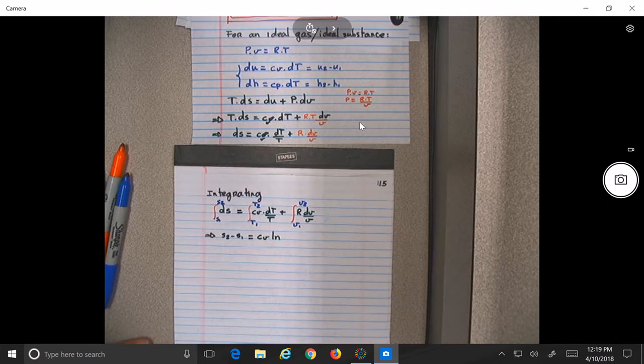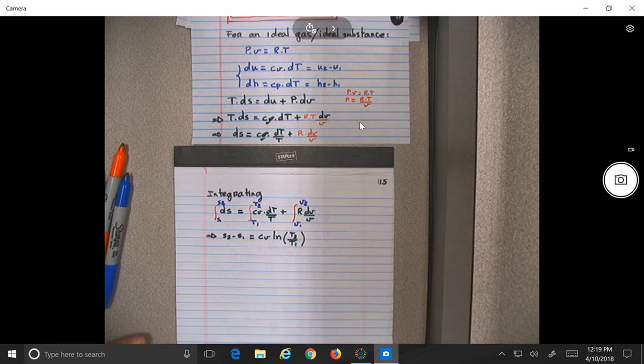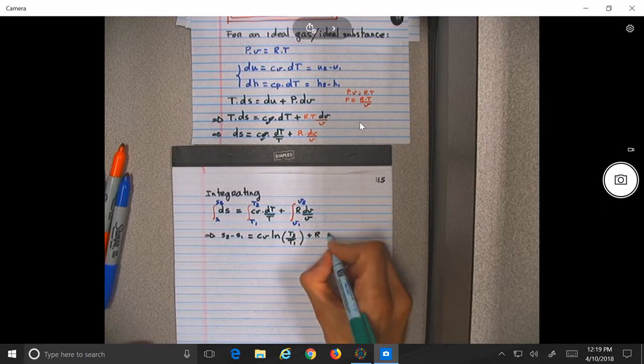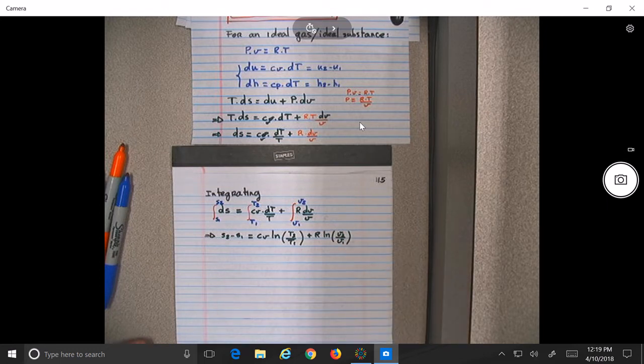Natural log, no? Of what? T2 over T1. And now, what would be the second one? Would be plus R log of what? V2 over V1. Okay?